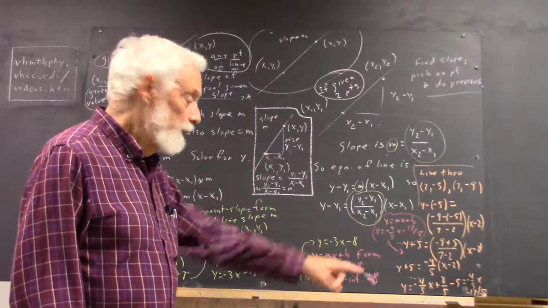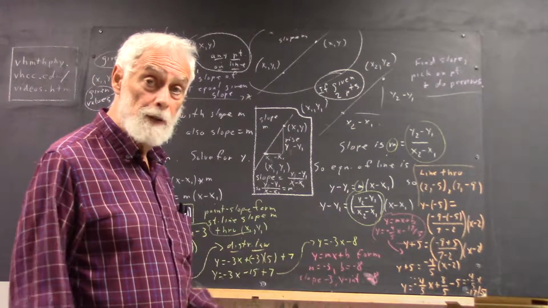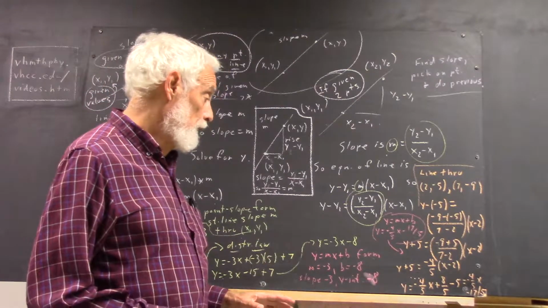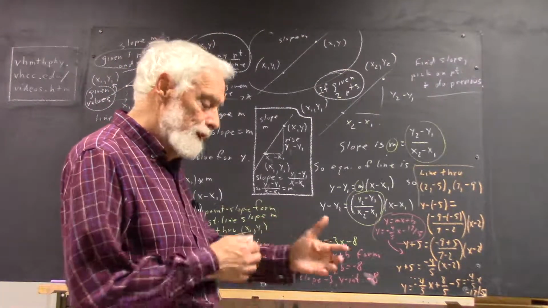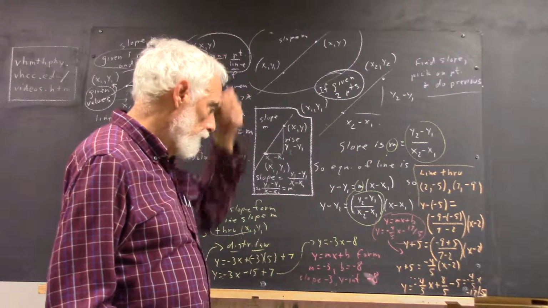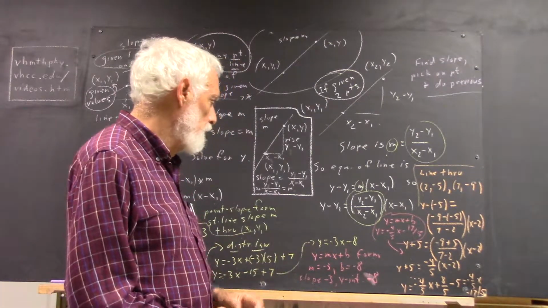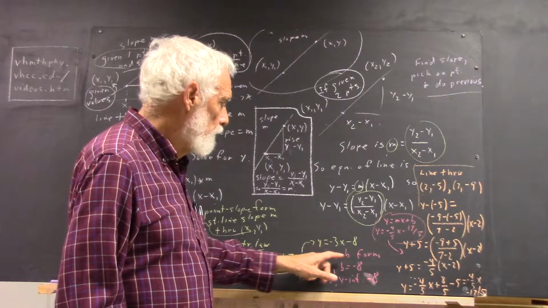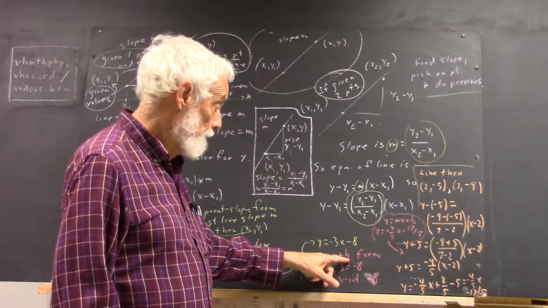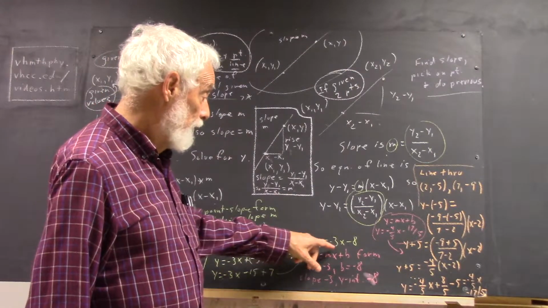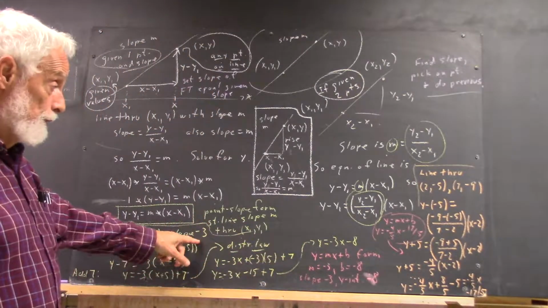This is slope-intercept form. It's the y equals mx plus b, probably the most standard form of the equation of a straight line. There's the intercept form of the equation as well, but to keep things simple, we'll just for now, talk about the slope-intercept form. M is the slope, B is the y-intercept. So the slope of this line is -3, and that's as it should be.